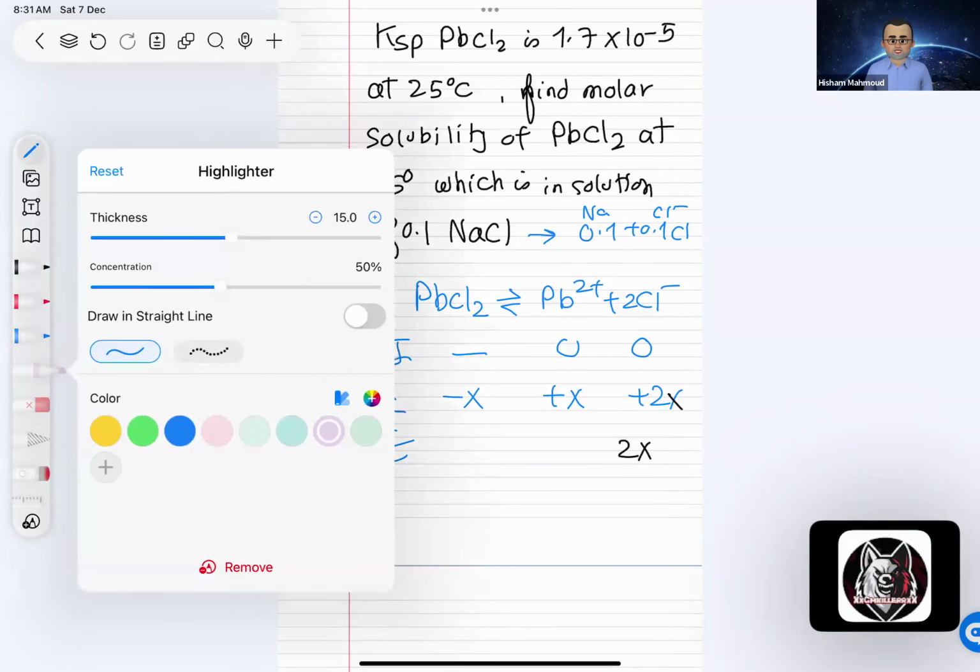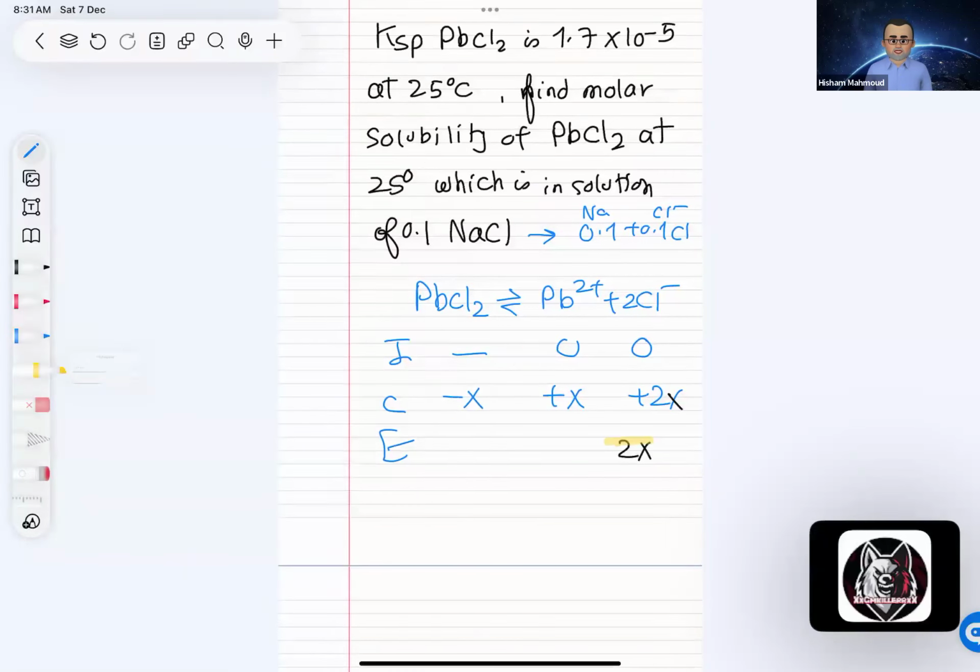So this is the S, this is 2x. It's coming from where, Mariam? This is coming from where? From lead chloride. And at the beginning, originally it has how much? It has some chloride coming from the HCl. HCl is a strong acid, so 0.1 gives you how much chloride? 0.1. So it will give me 2x in addition to this 0.1 chloride.